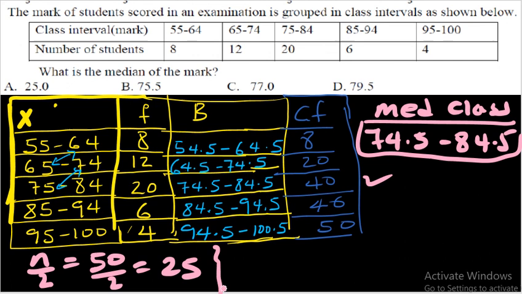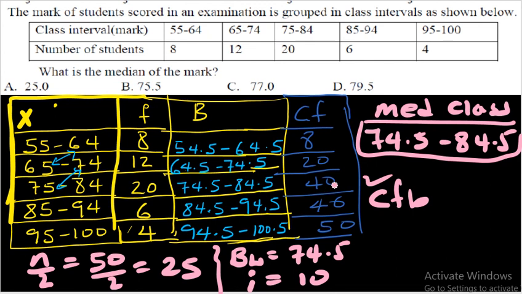What are they? BL, the lower class boundary, 74.5, and the class interval, 84 minus 74, that is 10, and cumulative frequency of the class before, which is 20, as you see here. You can circle it and check.